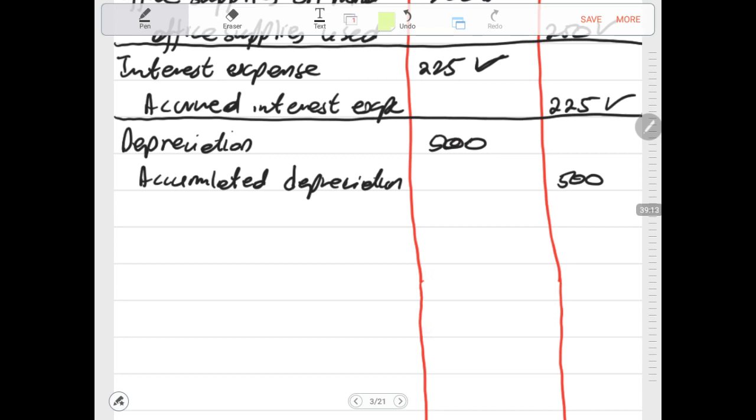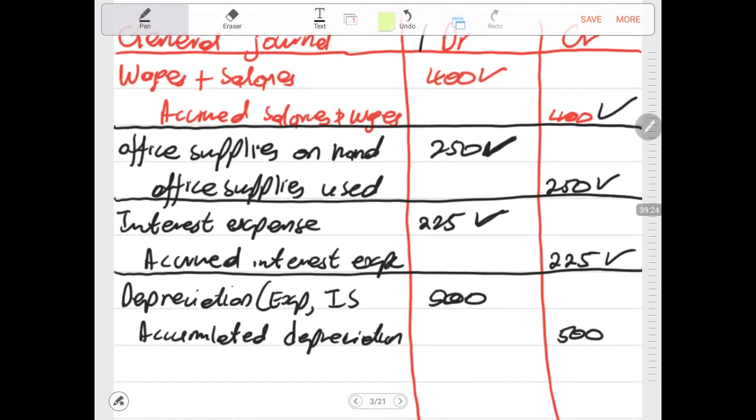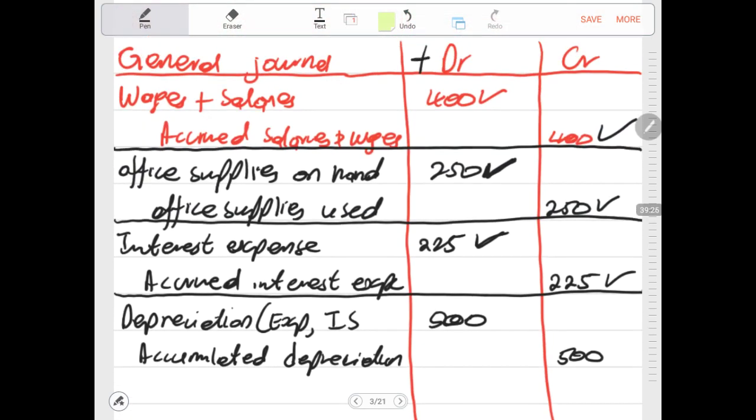So now we know that depreciation is an expense. Take note of that. Where do we record expenses? In the income statement. Will it be a plus or a minus? It will obviously be a plus, increasing the expenses because expenses increase on the debit side.